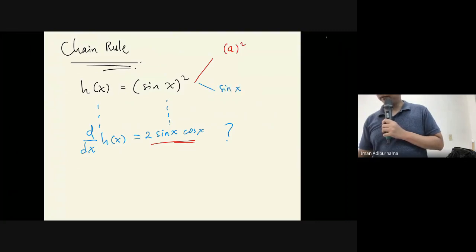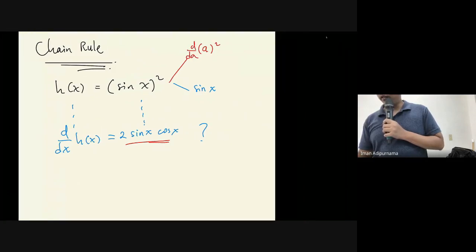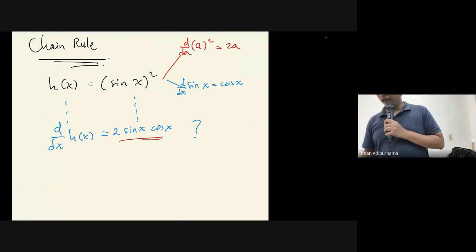The derivative with respect to a becomes 2a, and the d/dx of sine x becomes cos x. Because a is sine x, it becomes 2 sine x cos x.